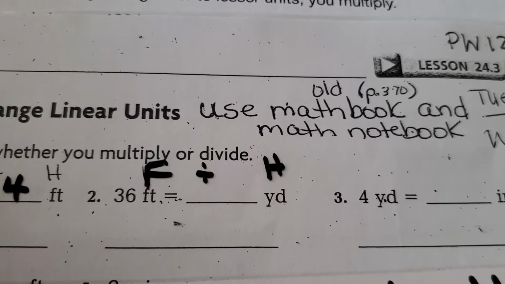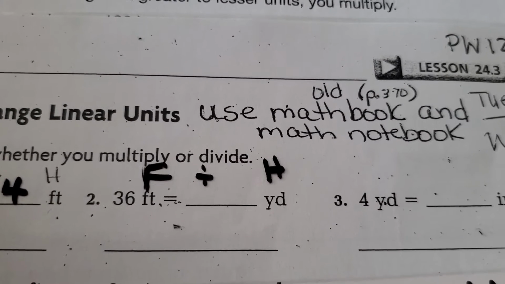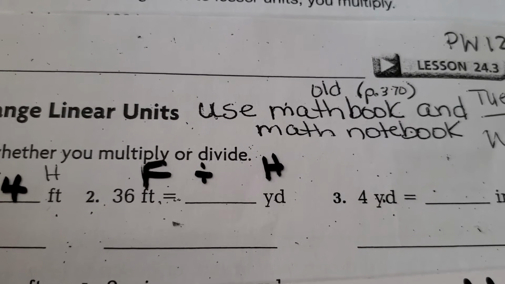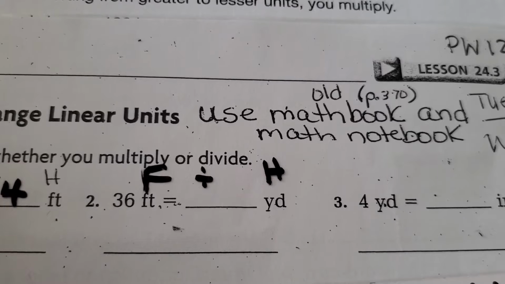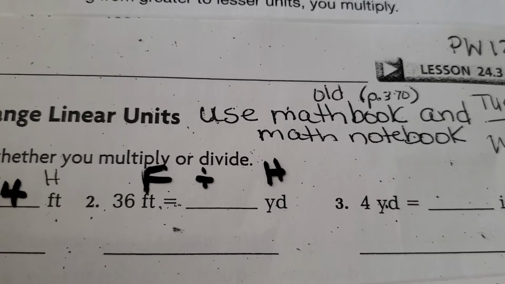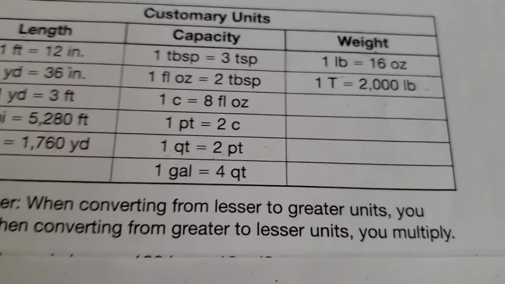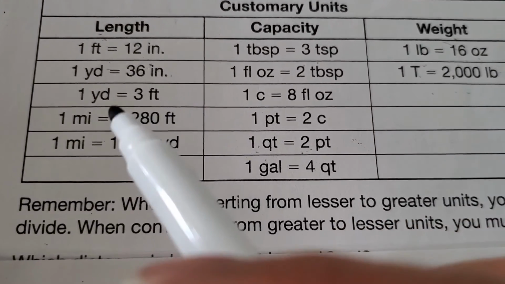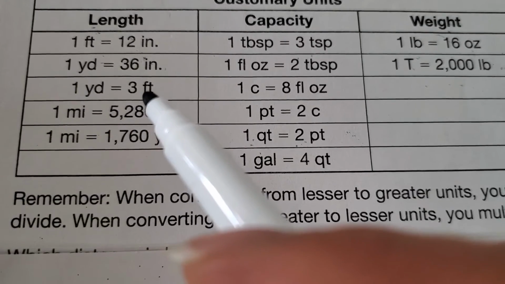And we know we're dividing, right? So, but by what number am I dividing by, Miss Smith? So how many feet are in a yard? If you can't remember, look at your chart. There it is on your chart. 1 yard equals what? 3 feet.